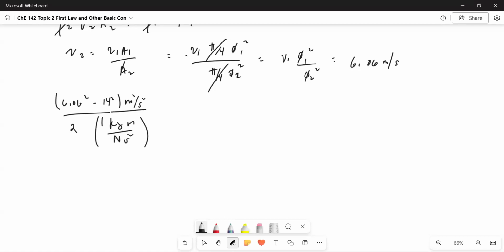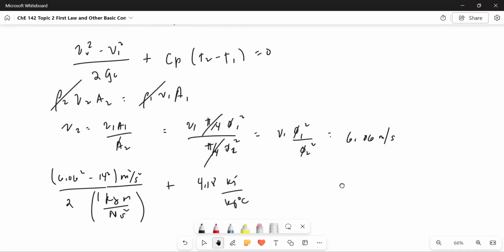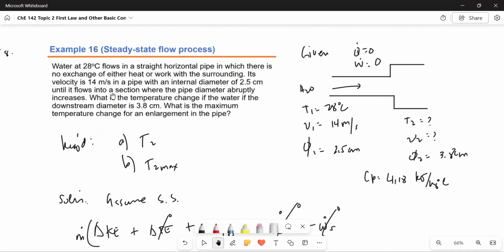You can take a look at Smith and Van Ness Appendix A for that. For CP, 4.18 kilojoules per kilogram degrees Celsius. Then we're being asked, okay, let me correct that, for temperature change.